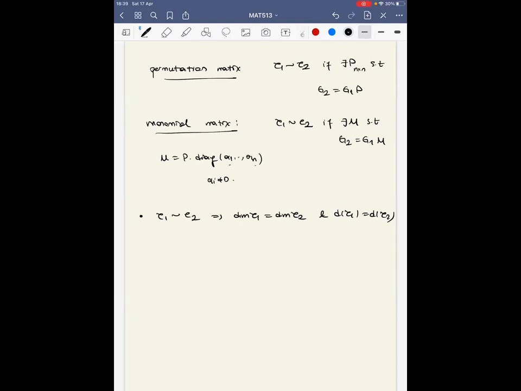But we have some counterexamples which have the same dimension and the same minimum distance, but they are not equivalent.